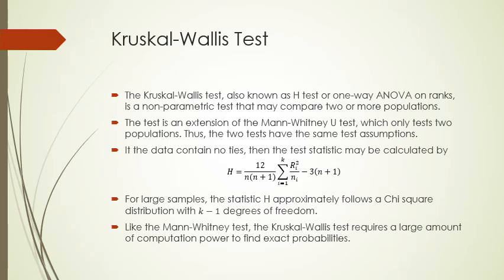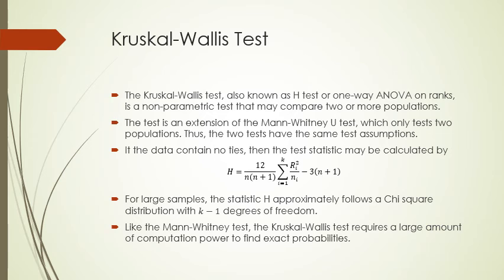The Kruskal-Wallis test, also known as the H-test or one-way ANOVA on ranks, is a non-parametric test that may compare two or more populations with equal or different sample sizes. Thus, it is an extension of the Mann-Whitney U test, which only tests two populations. So, the two tests have the same test assumptions.